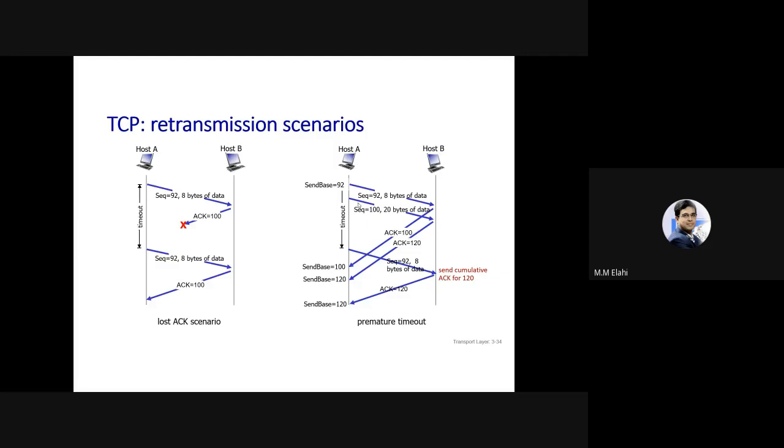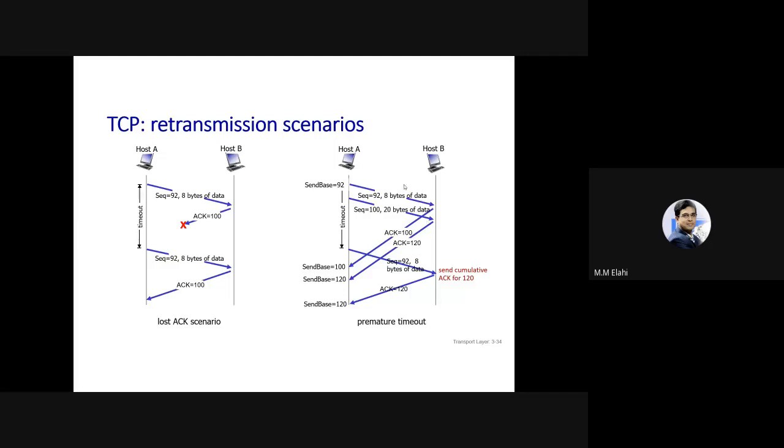And in this case, after receiving the acknowledgement 120, host A is actually confirmed that the second segment is also received by the receiver. Is it clear? When the sender receives the second acknowledgement, at that point the sender can be sure that the receiver has received both, right?